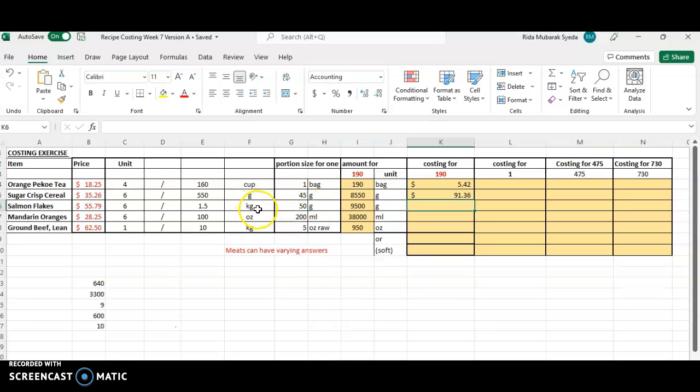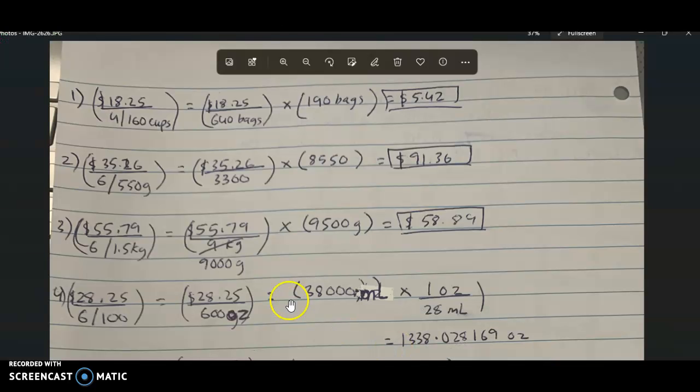Right, so for the next one, there's another extra step that we need to do, because for the first two we had the same measurements. Over here we have two different measurements. We have kgs and we have grams. So we need to convert either both of them to kgs or both of them to grams. This is what I did. I converted my 9 kgs to 9,000 grams by multiplying by 1,000 grams, and I got 9,000.